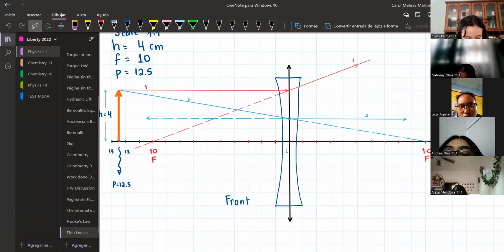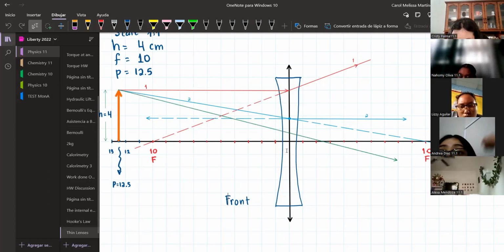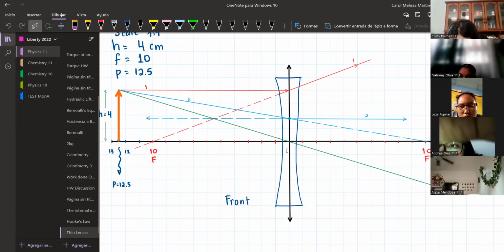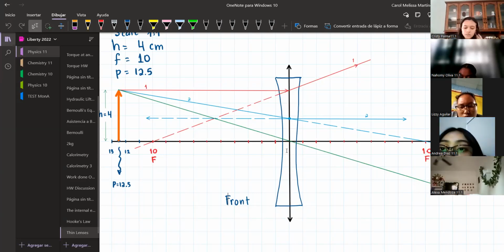And then the third ray is the easiest to draw, the easiest to sketch. So you're going to have this ray coming from the top of the object to the center. Okay. And this is the third ray. Now, in this point where the three rays meet, okay, this is the point where the image is going to be located.